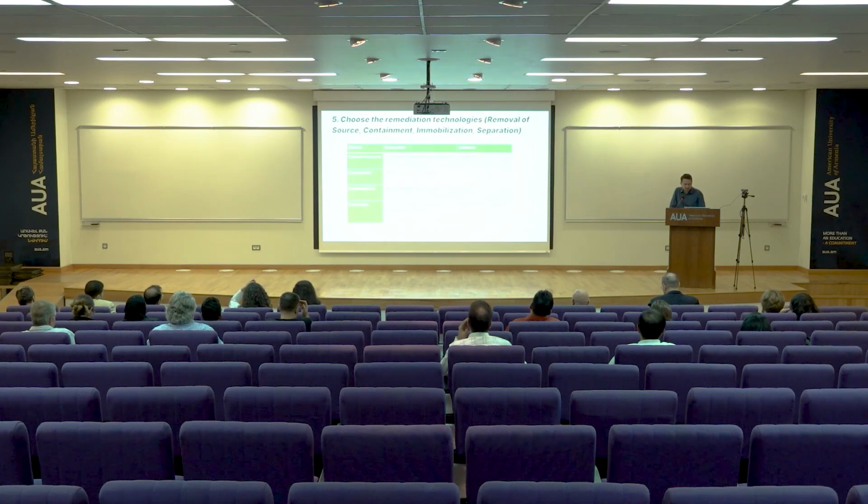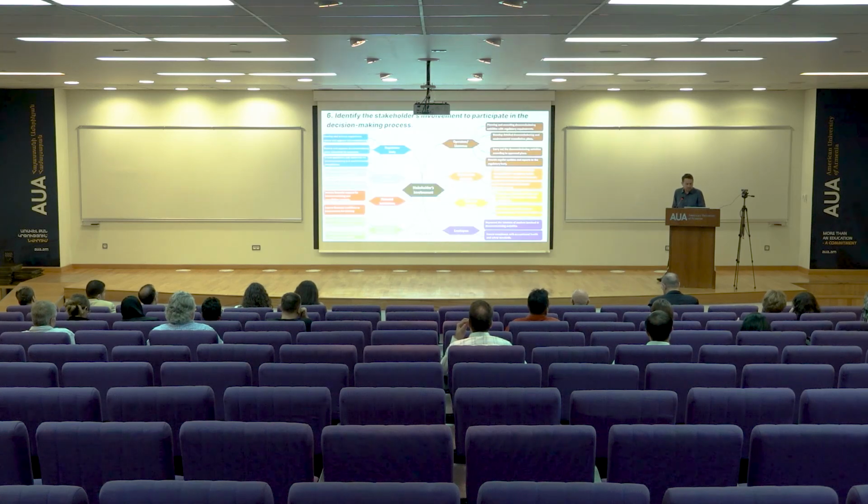So these are the 4 techniques: the removal of source, the containment, the immobilization, separation, and all this. It's better for one pathway than another, so I won't dig into that. And this is our 6th step: identify the stakeholders' involvement. This mind map was made for ABI. It illustrates very well all the stakeholders involved.